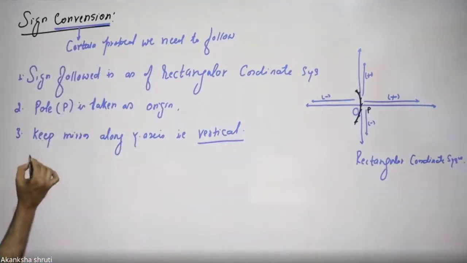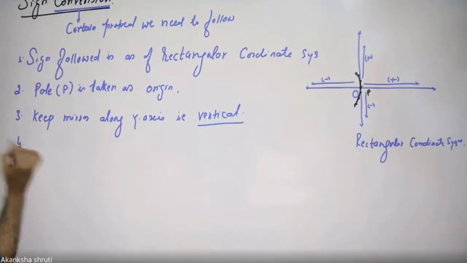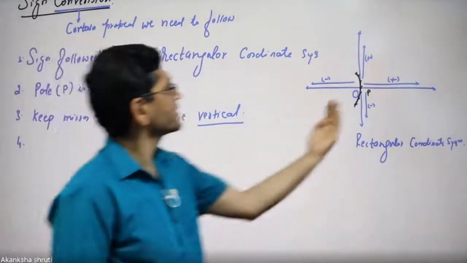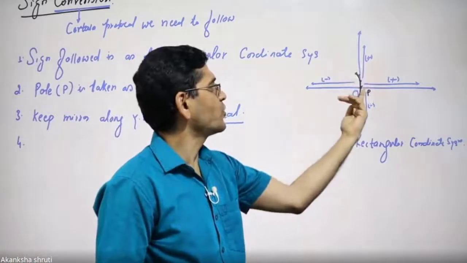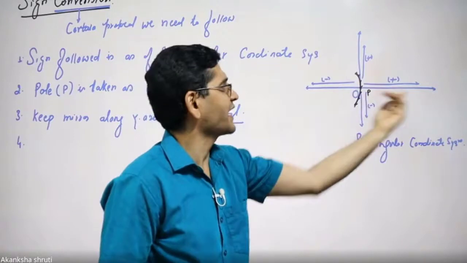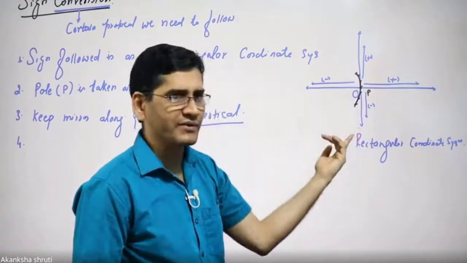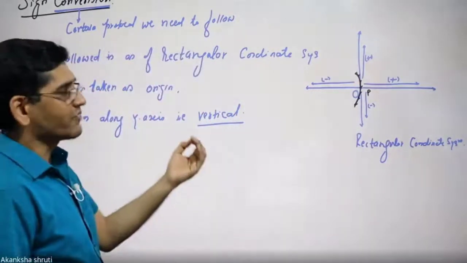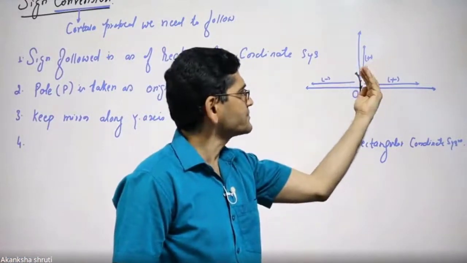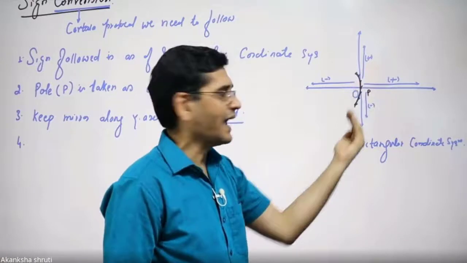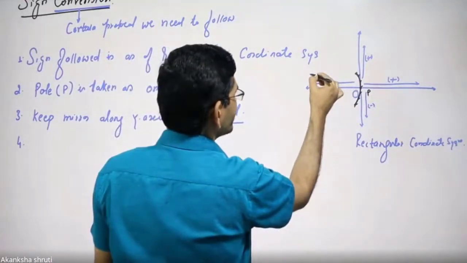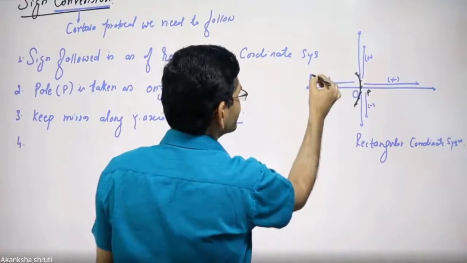The next one is, now while the mirror is kept along the y-axis and this pole is coinciding with the origin, whatever the sign of this rectangular coordinate system is applicable. Okay, student? Then one more convention is that this mirror is placed facing left and the distance of the object is always considered on the left hand side.